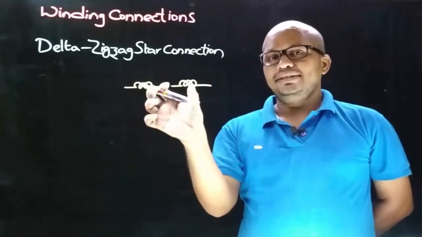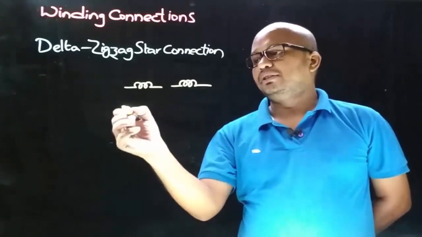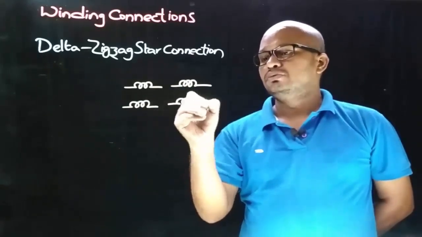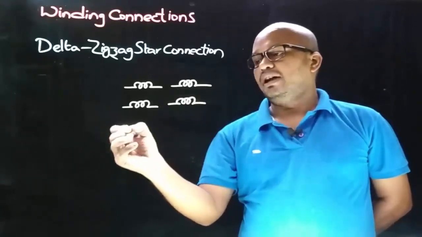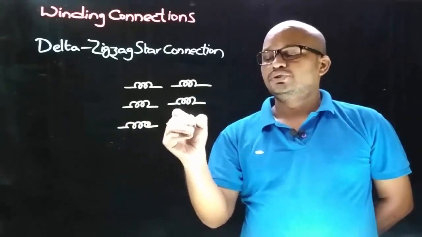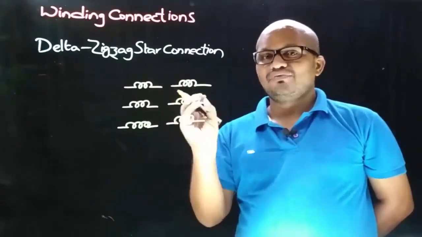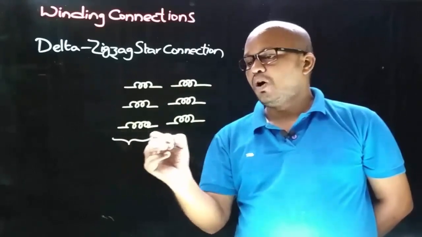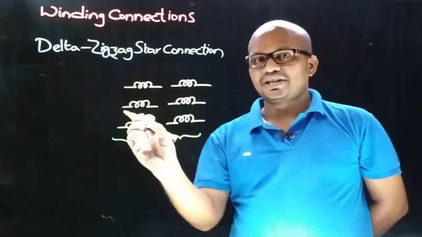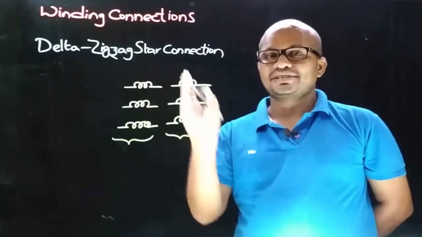So this is the A phase winding, which is divided into 2 halves, and similarly B phase winding is divided into 2 windings, and C phase winding is divided into 2 windings. From this you can observe that zigzag star connection winding is divided into 2 halves. These 3 are considered as one half of the zigzag star connection, and these 3 are considered as the other half.